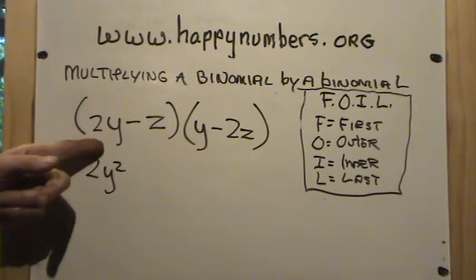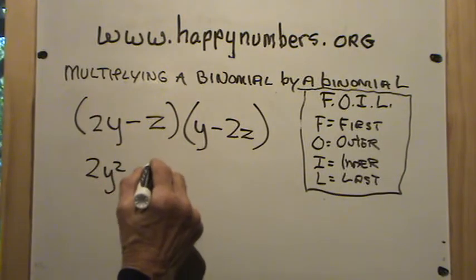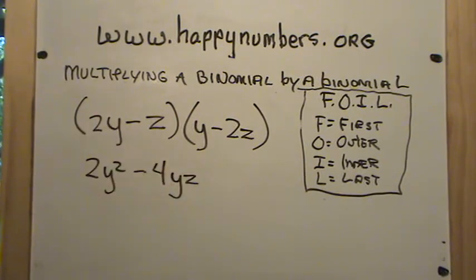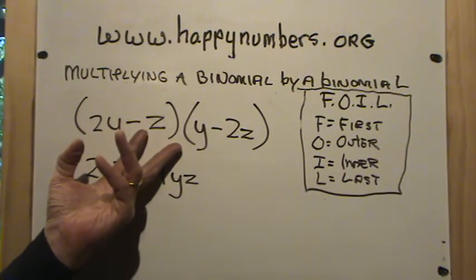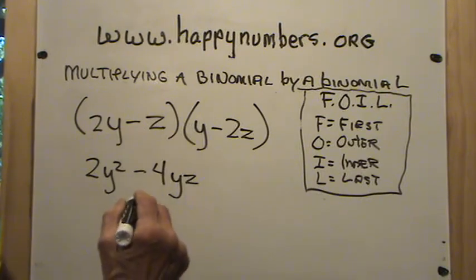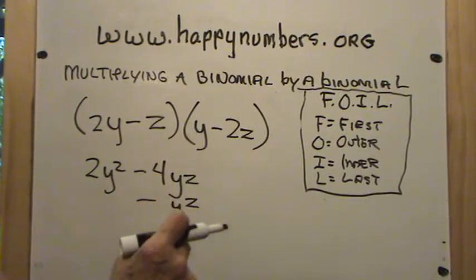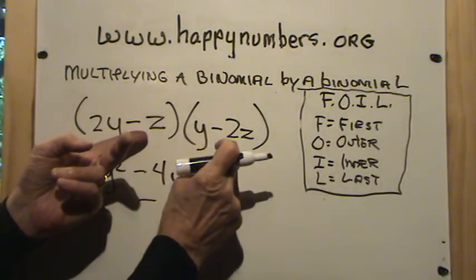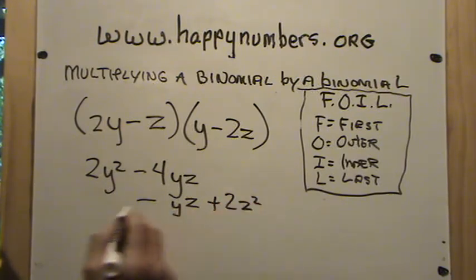Our outer terms are 2y and negative 2z, which would give us a negative 4yz. Our inner terms are negative 1z and positive 1y, which gives us a negative yz. And our last terms are negative 1z and a negative 2z, which would give us a positive 2z squared.